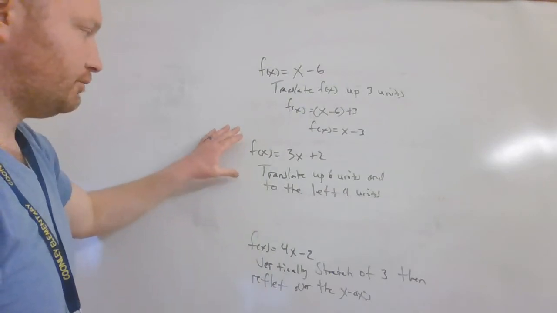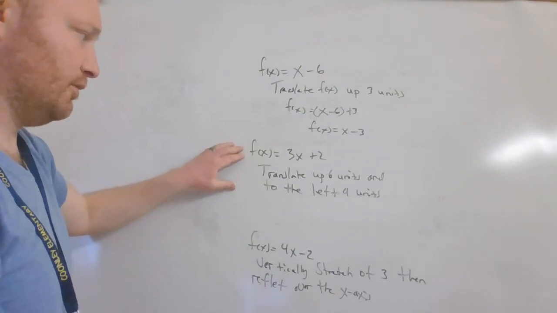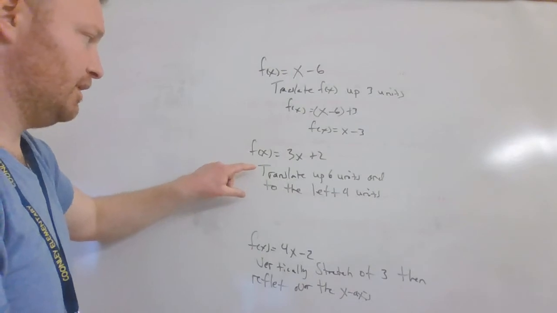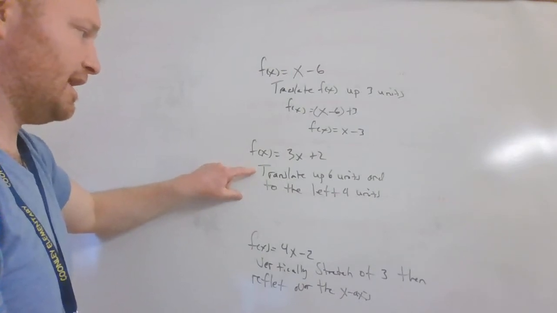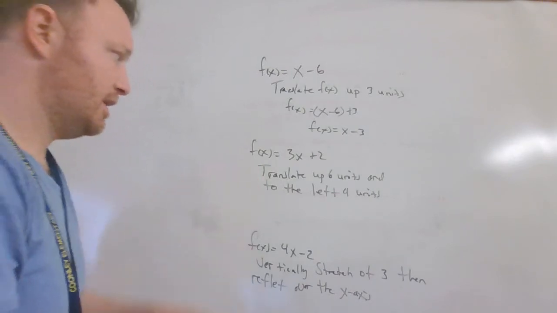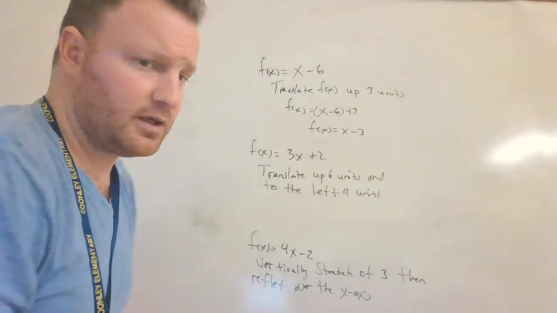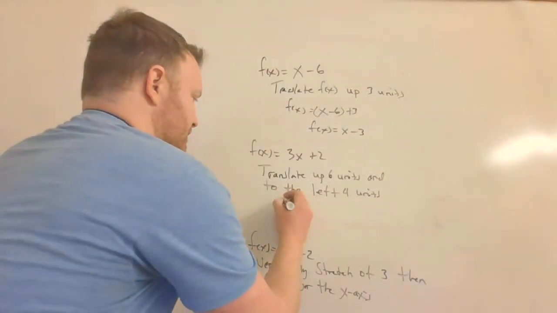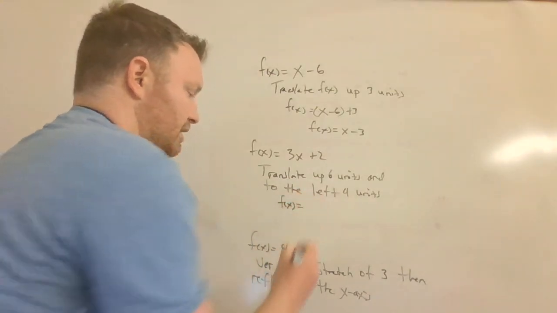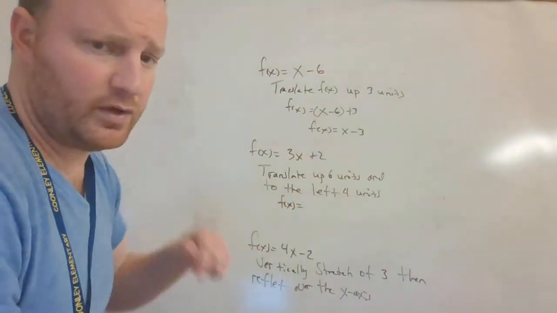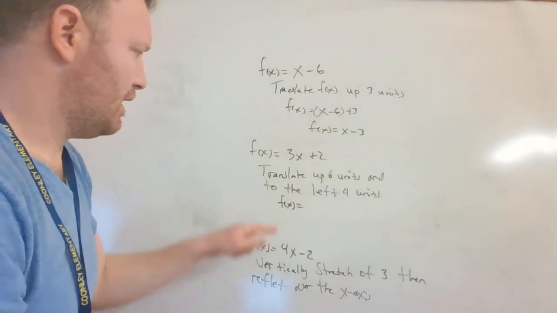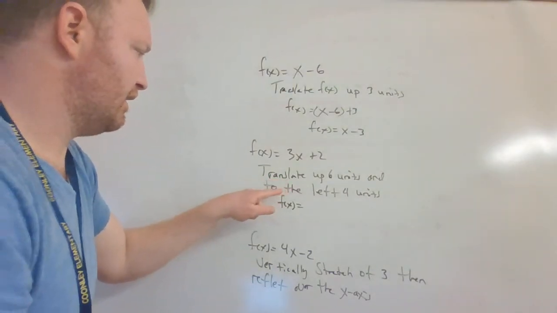Another one, f of x equals 3x plus 2. I want you guys to do a couple things here. Translate up 6 units and to the left 4 units. So here's how you would do something like this, okay? f of x is equal to the original, and I want you to translate up 6 units and to the left 4 units.